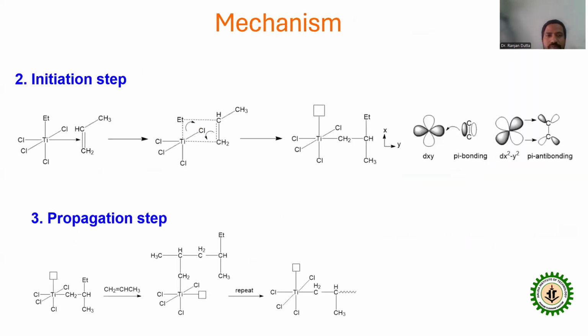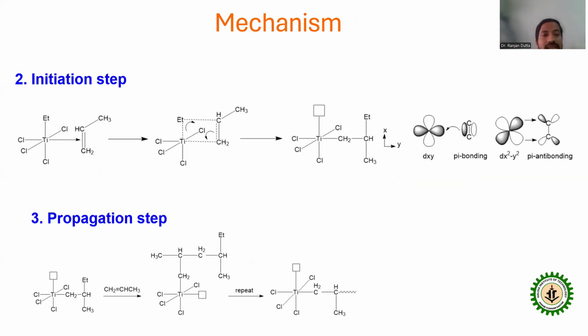Now, the mechanism behind the initiation step is the binding where the incoming alkene forms a complex with the titanium metal. Specifically, titanium contains an empty dxy orbital, as you can see from here, and a filled dx square minus y square orbital.